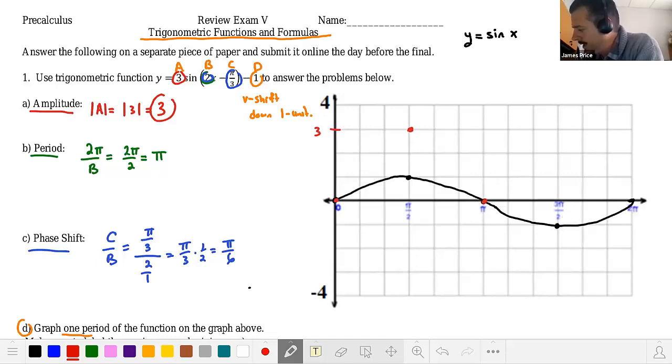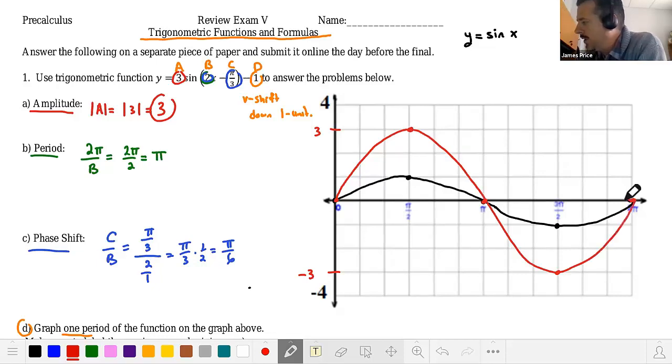At negative 1, it's going to go to negative 3. So you're going to multiply the outputs by 3. And then this one's going to stay right there. And then we can plot those points. And there we go. That's y equals 3 times sine of x.